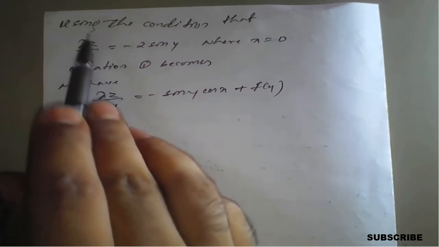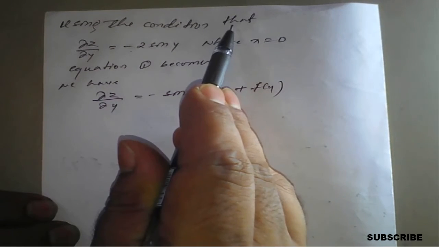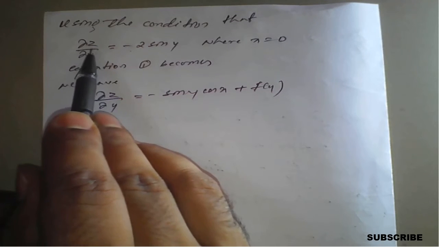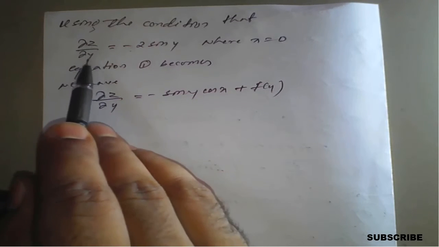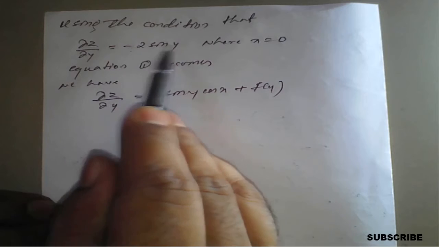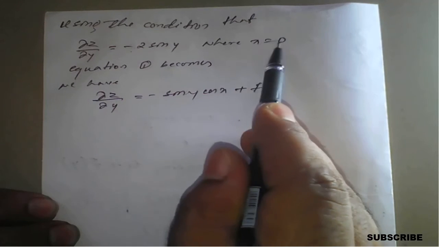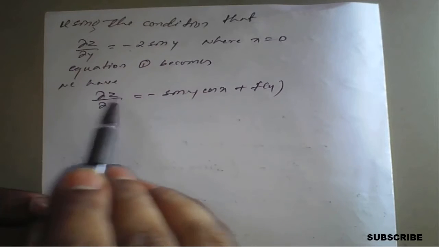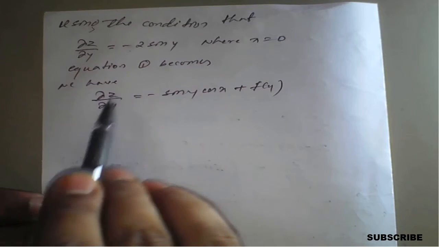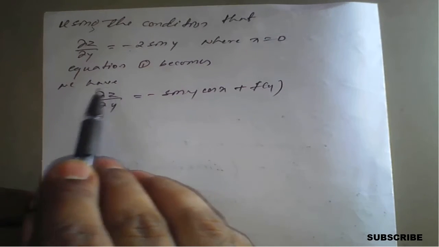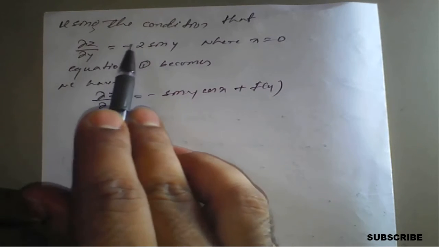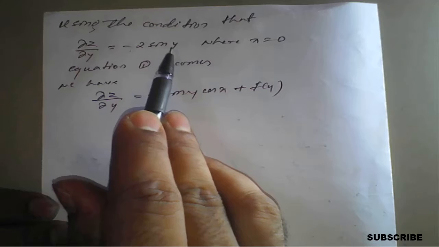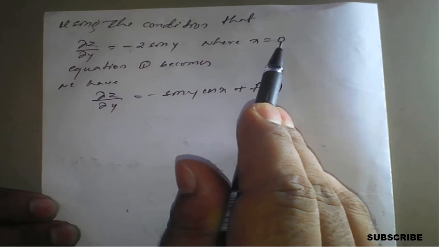Now using the first condition in the question, ∂z/∂y equals -2 sin y where x is 0, I take equation 1 and rewrite it. In place of ∂z/∂y, I replace -2 sin y, and wherever x is there we put x equals 0.